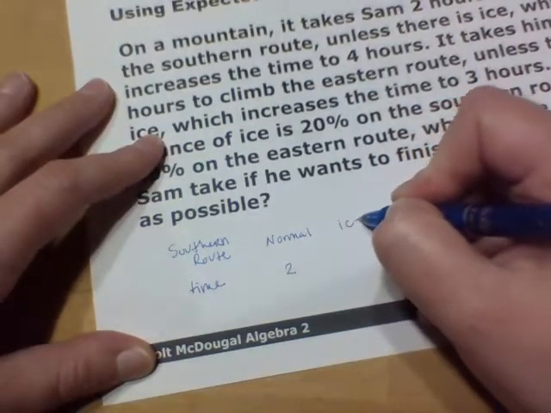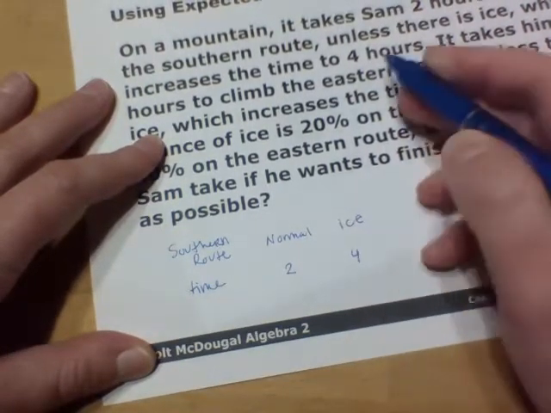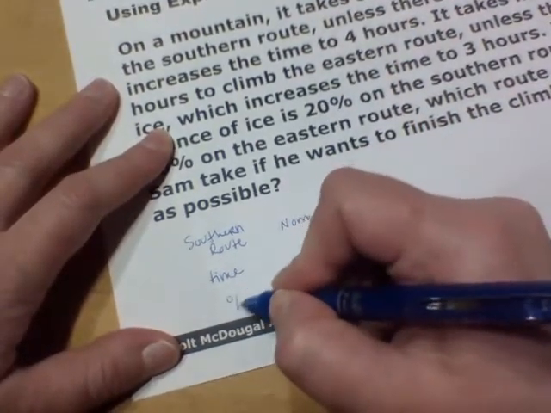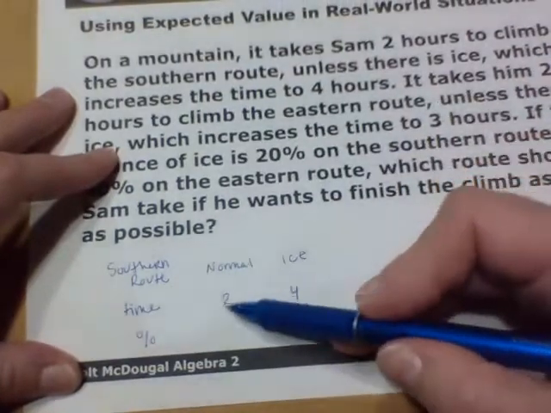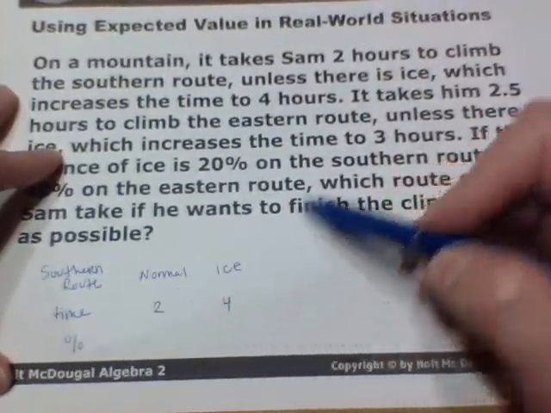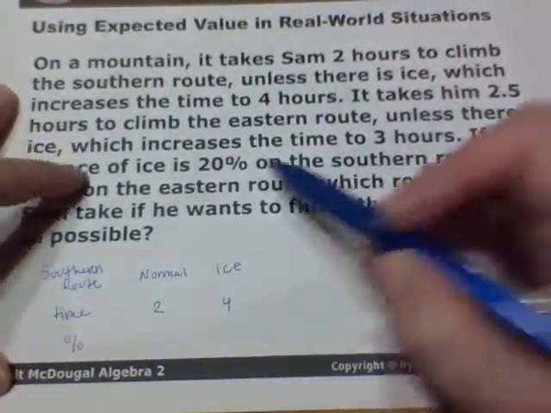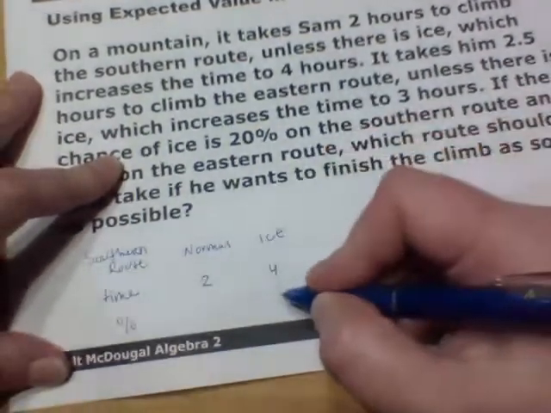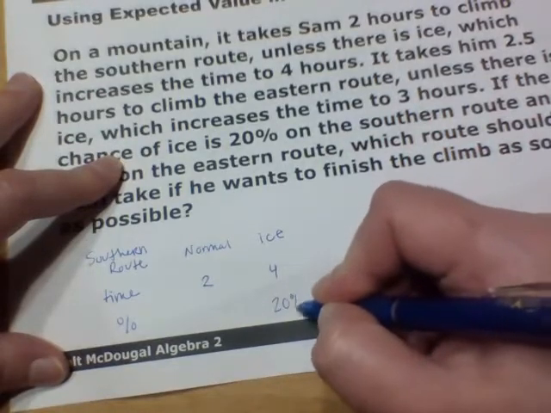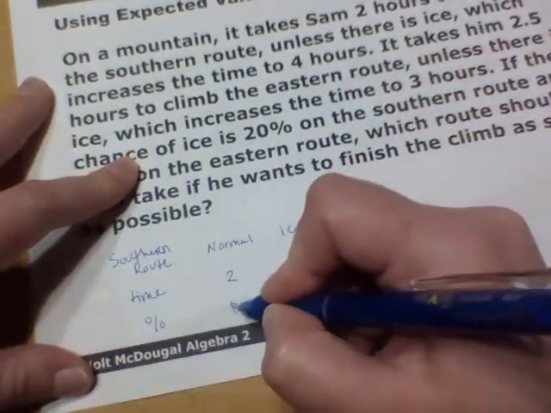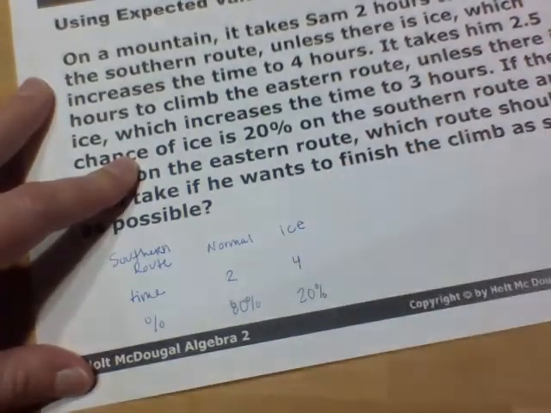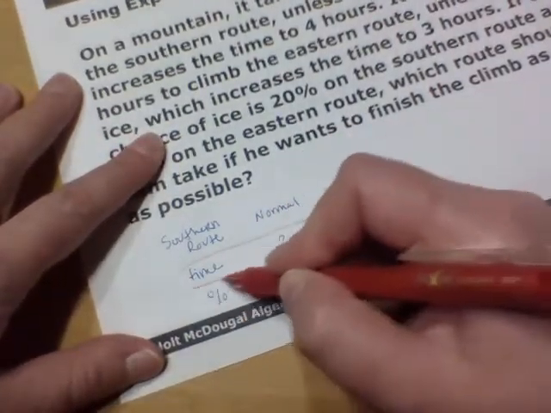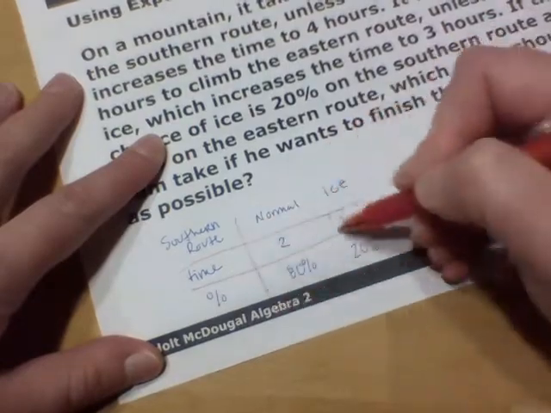But in icy conditions, it's going to take 4 hours. And the probability, if the chance of ice is 20% on the southern route, so that means 20% here and 80% here. Okay, so here's our chart for the southern route.